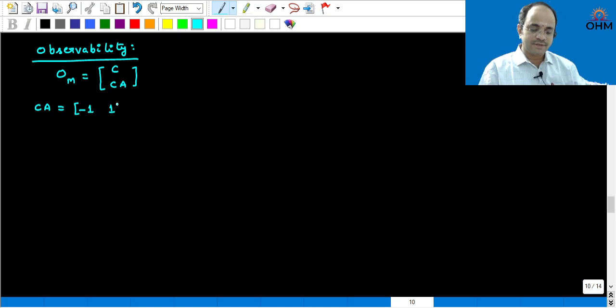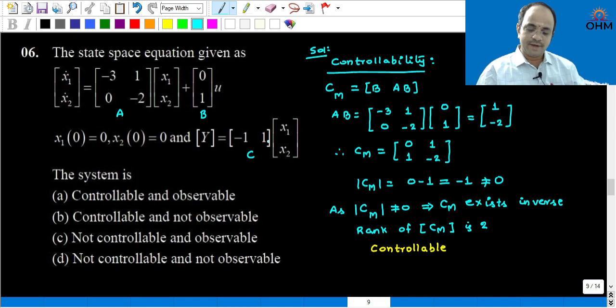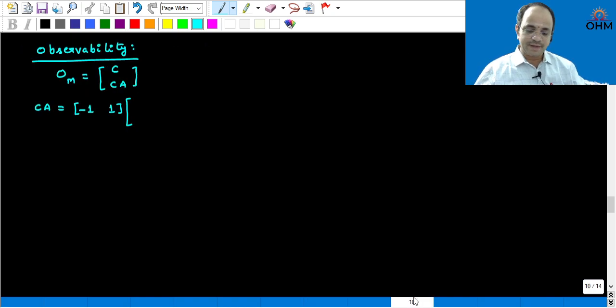C matrix is given as [-1, 1] and A matrix is [-3, 1; 0, -2]. Therefore, by multiplying this, what you will get?